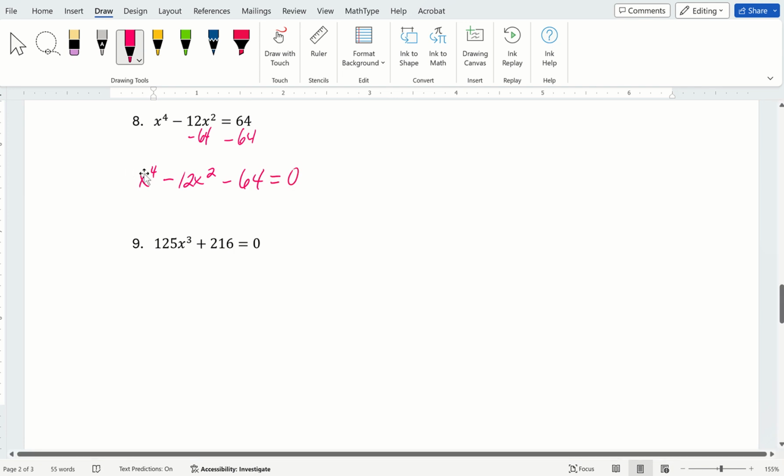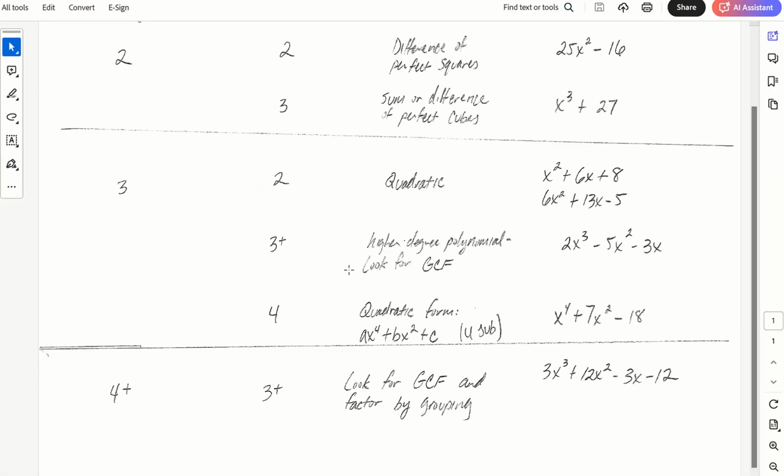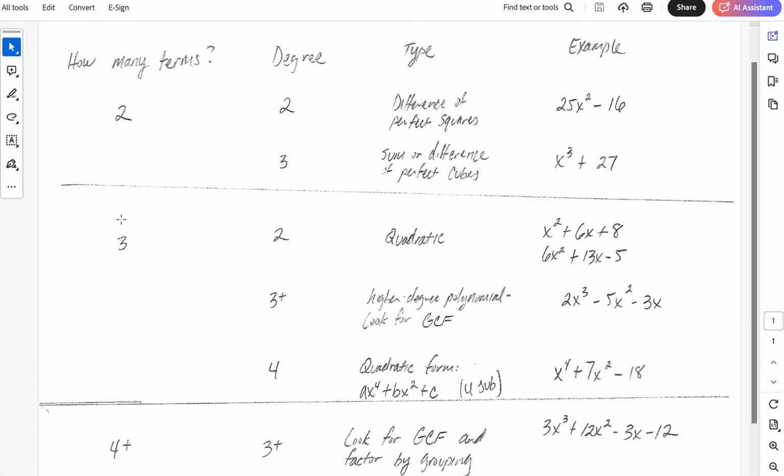So if we go to our chart, because if we're not entirely sure what to do, we have 3 terms and a degree 4 polynomial. So if I go to my chart and I look at how many terms, I have 3, and my degree is 4. It's possible that I'm in quadratic form.